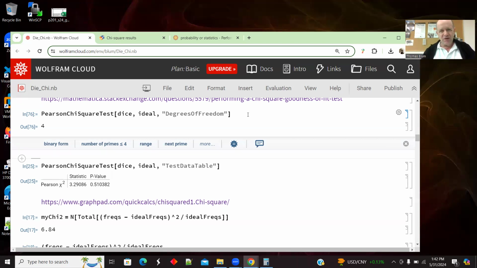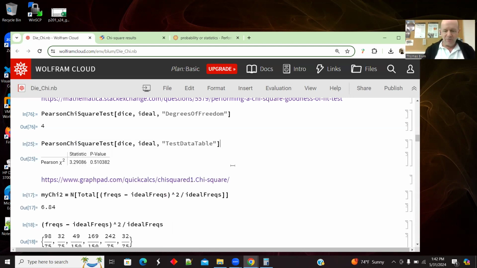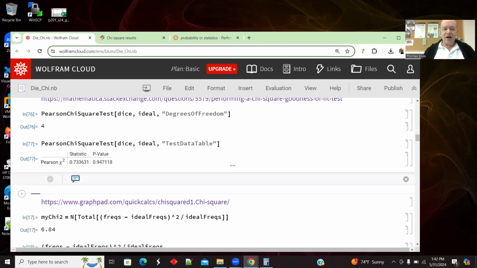But even if I pointed at the raw data, it's still not doing what I want, because my degrees of freedom, I think, should be 5, and this is giving me 4. It's also giving me a chi-squared and a p-value. So its intentions are the same, but it's not quite what I want.